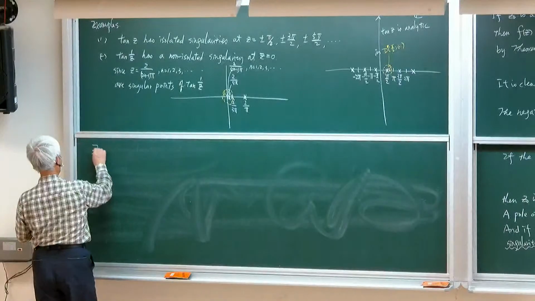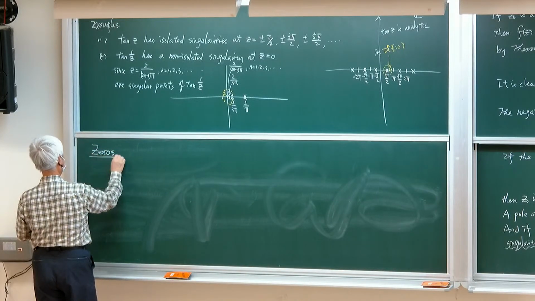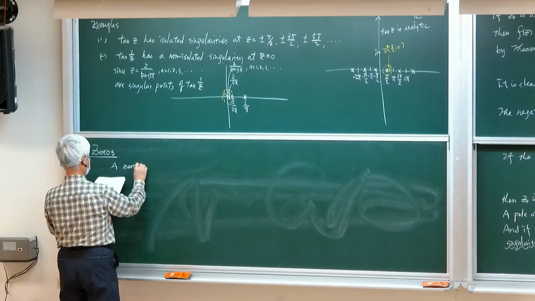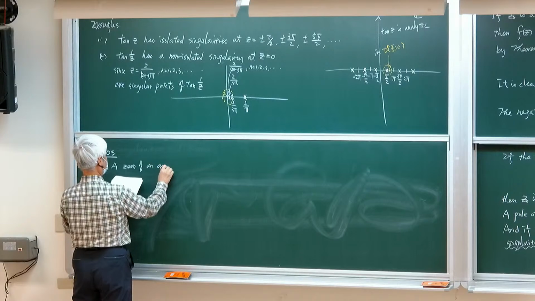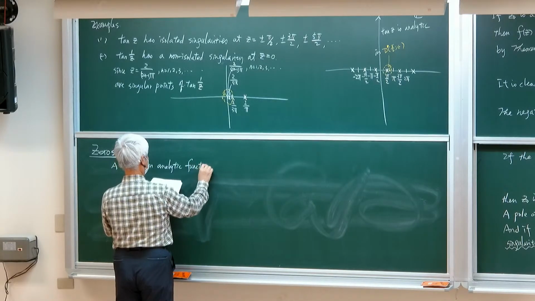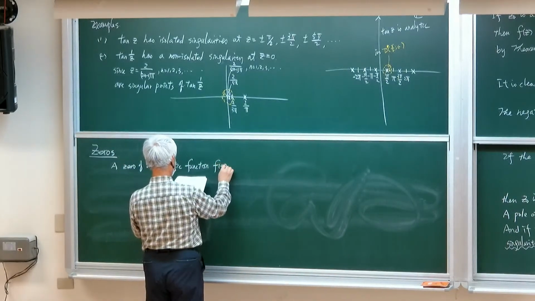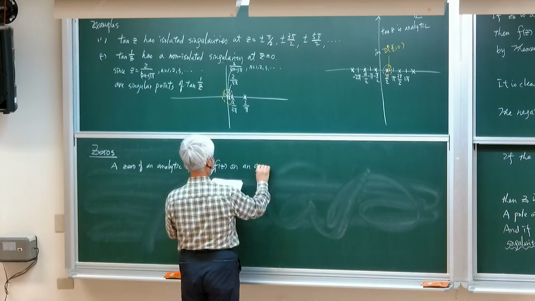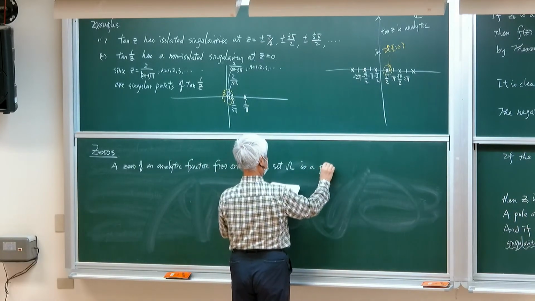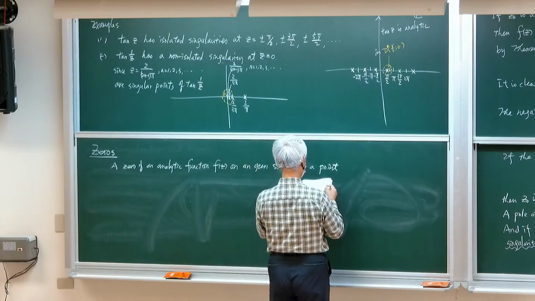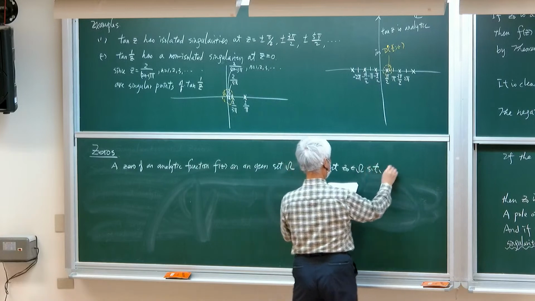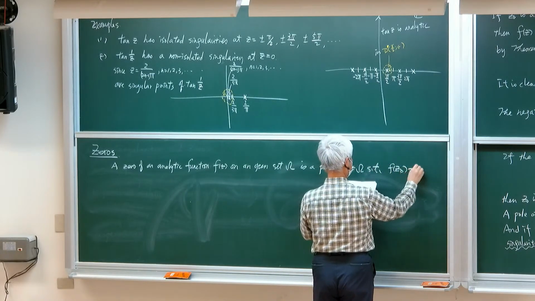All right, now zeros. A zero of an analytic function f of z defined on an open set is a point z0 in omega such that f of z0 is equal to 0.